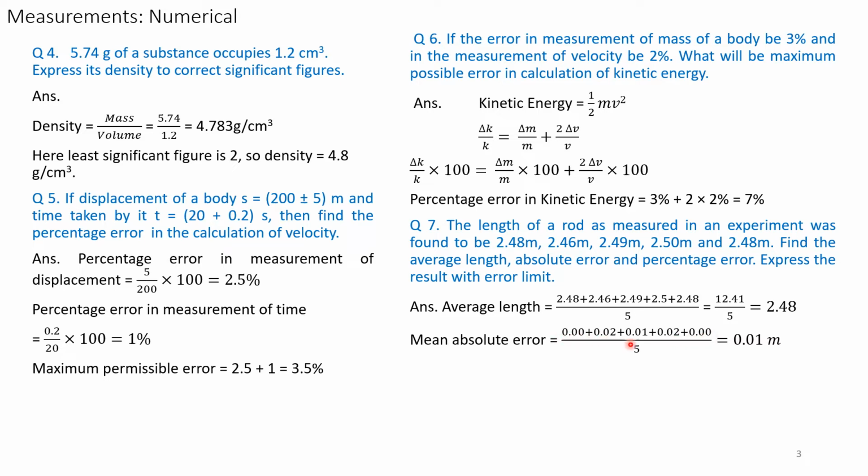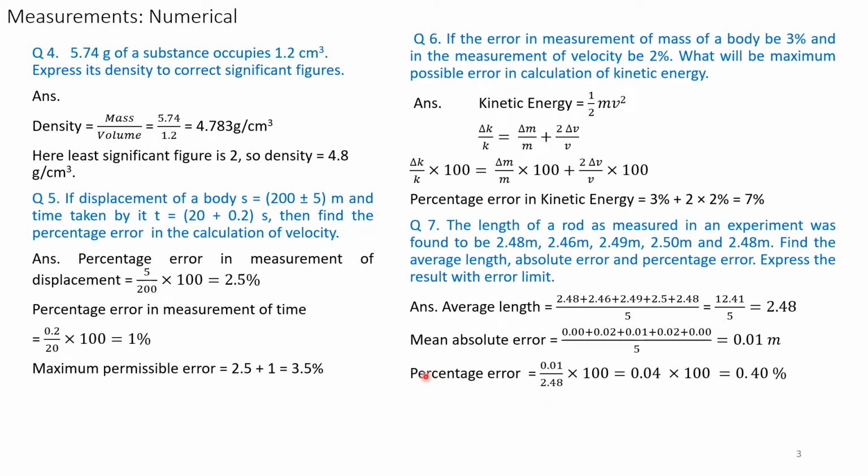That is divided by all the 5 readings, that is 5 measurements, divided by 5. So adding and dividing, we get 0.01 meters. So mean absolute error is 0.01 meters. That answers the second part. Now we have to find the percentage error.